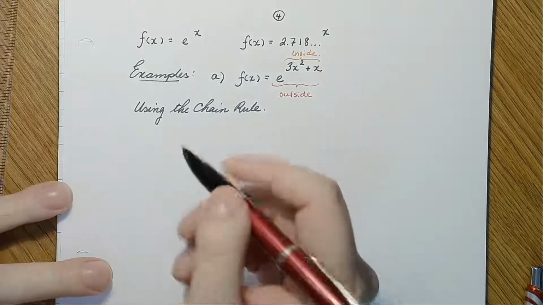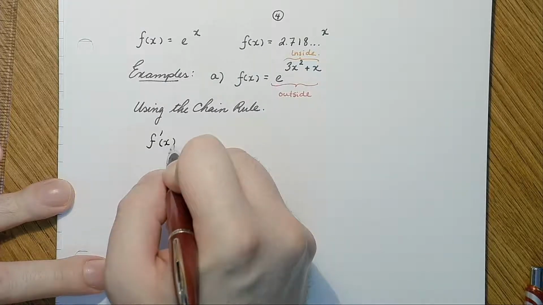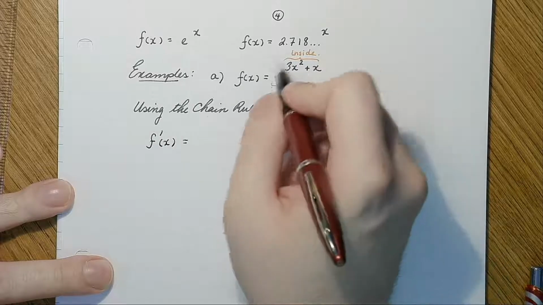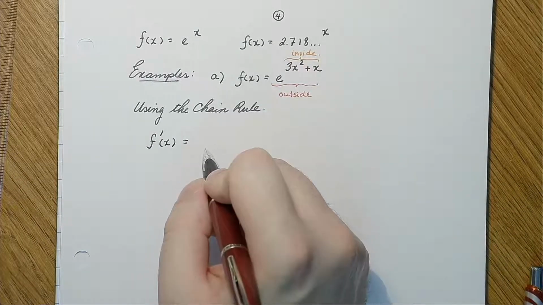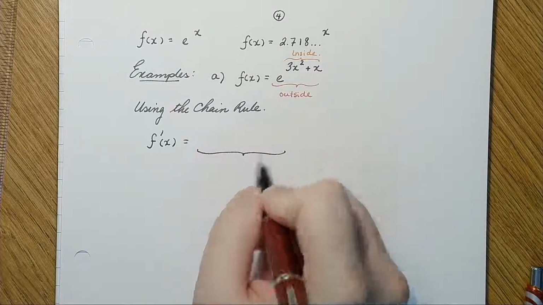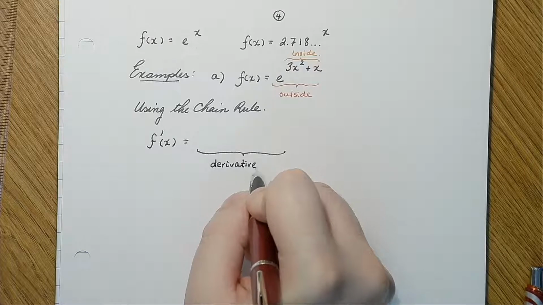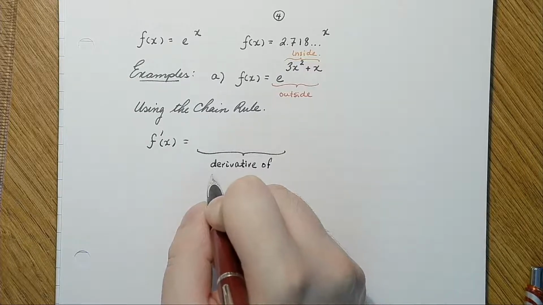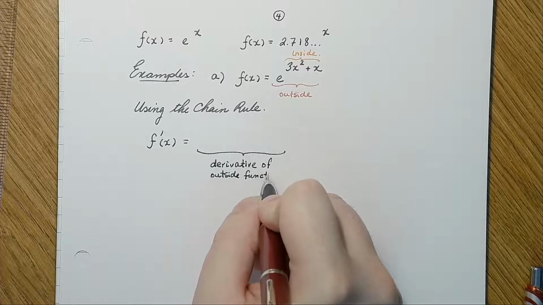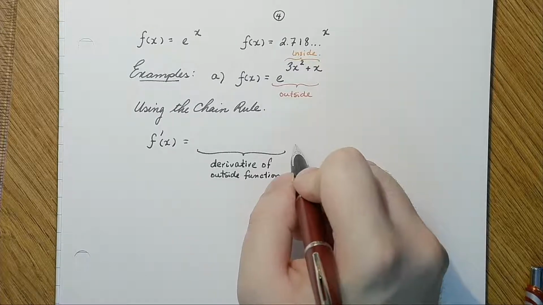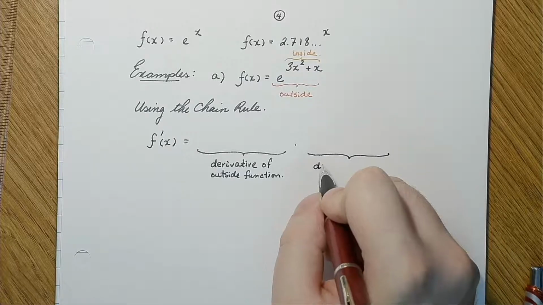So for the chain rule, what that says is that I need to take the derivative of the outside function times the derivative of the inside function.